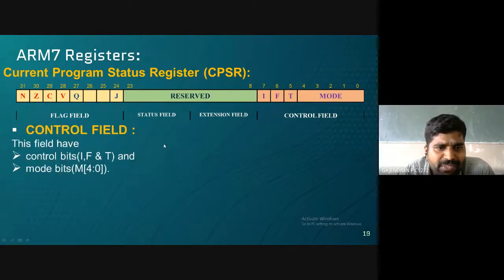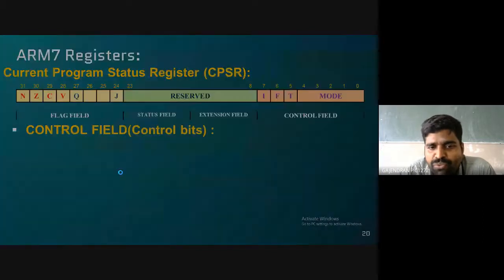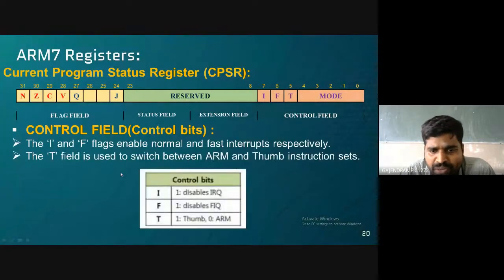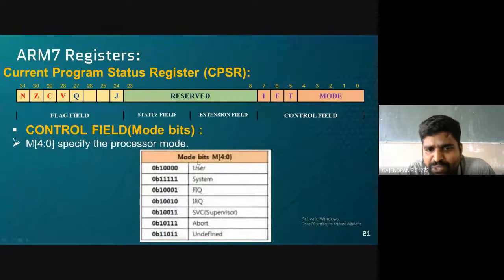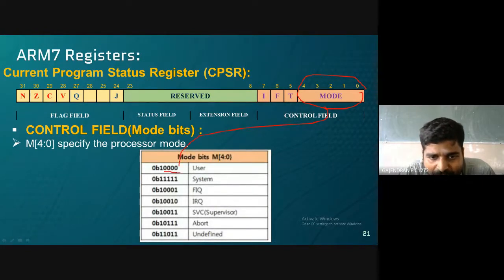Now we will get into the control field. What is the control field? Your control field starts from 0 to 4. So 0 to 4 control field, இங்க இருக்கு 0 to 4. Let's look at it in detail. If all are 0, user mode.